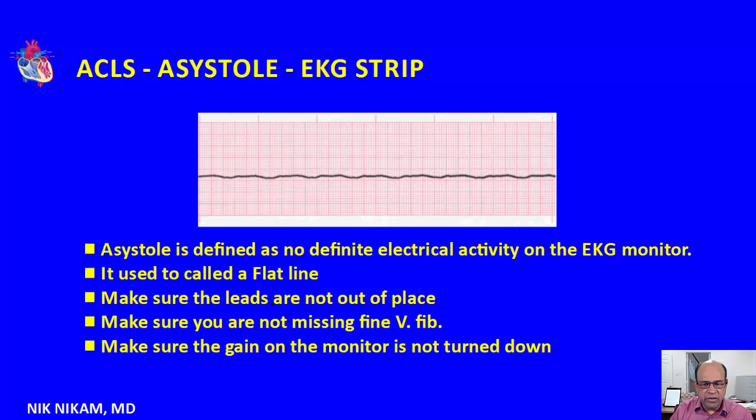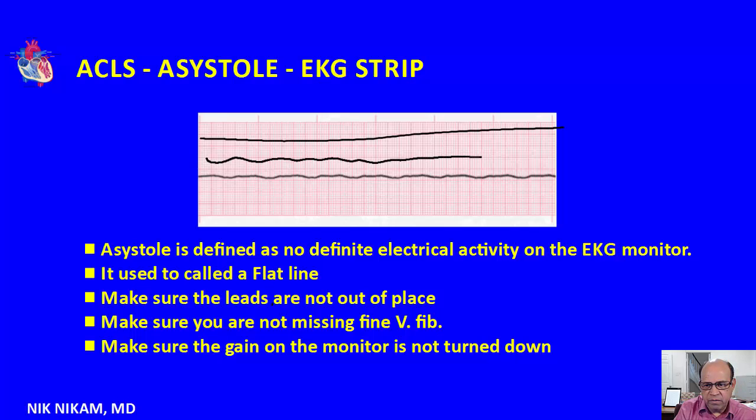Asystole is defined as no definite electrical activity on the EKG monitor. Sometimes we may just see a flat line. Sometimes we may just see some wiggly lines like this with no discernible atrial or ventricular deflections. Whenever we see a straight flat line, we always want to make sure that the electrodes are not displaced.